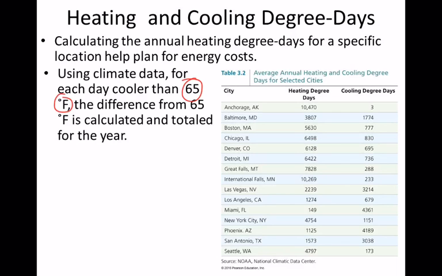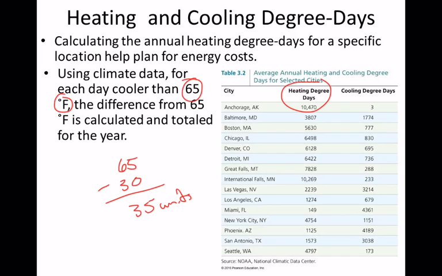For instance, if one day the temperature is 30 Fahrenheit, below freezing, for that day they would take 65 minus 30 and add 35 units, 35 heating units. How much you have to turn on your heater, 35 units.